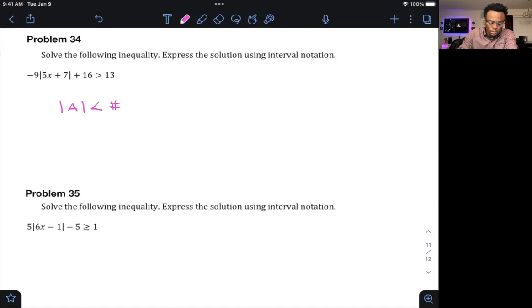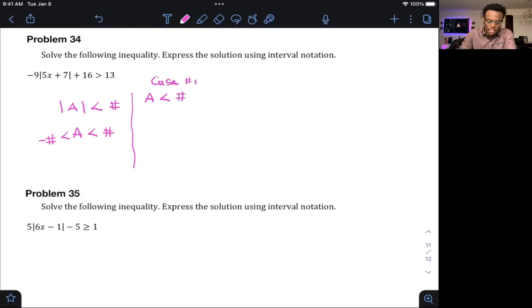You can set up A without the absolute value, less than the number, and then A is greater than the negative of the number. Or how you can see it is the expression inside of the absolute value must be less than the number. So you keep everything, you just drop the absolute value to create case 1.